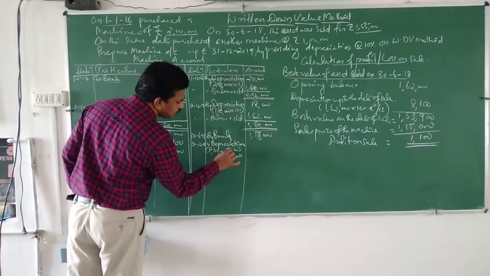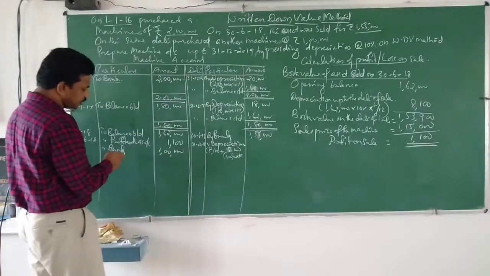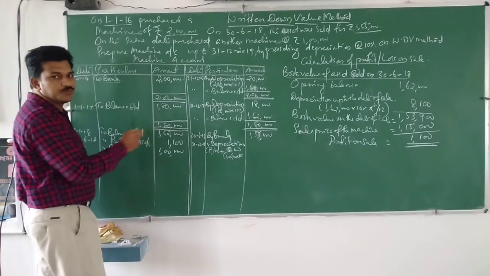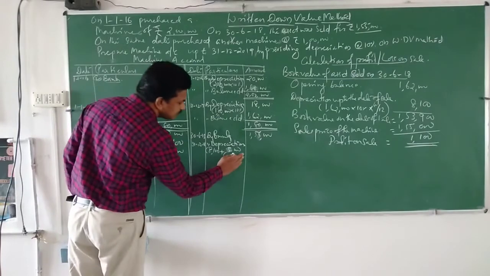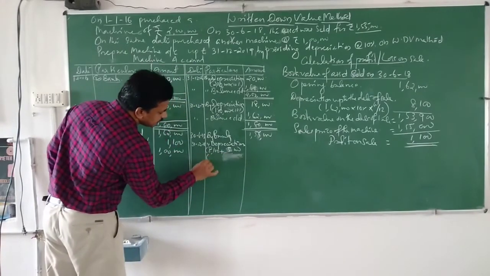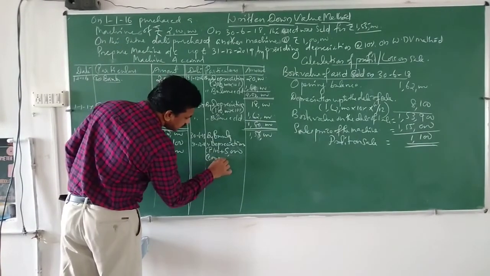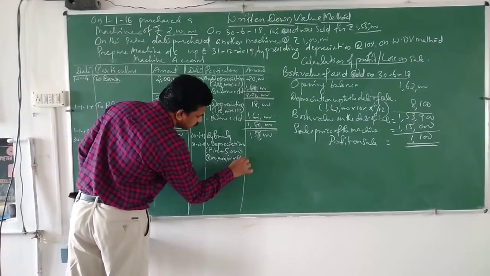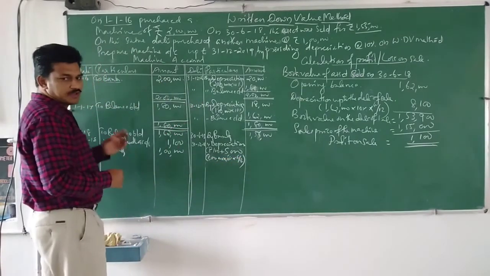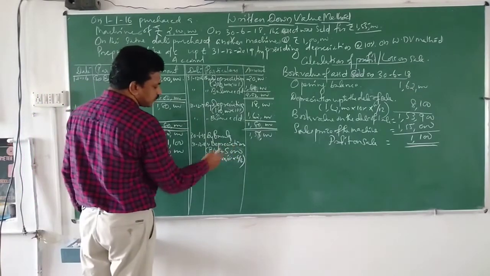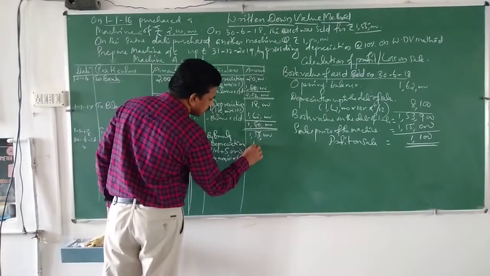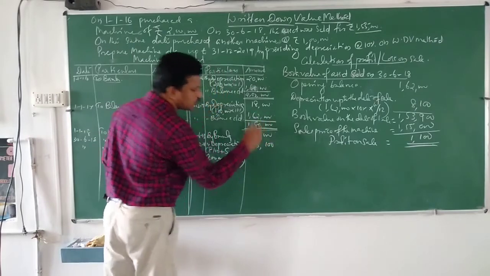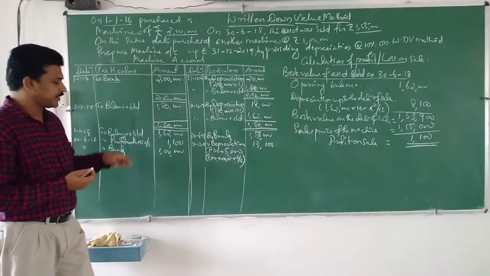Sorry, here it will be 5% only. 1 lakh into 10% into half year. That means 1 lakh into 10% into 6 by 12. So 5,000. So 13,100 is the total amount of depreciation.